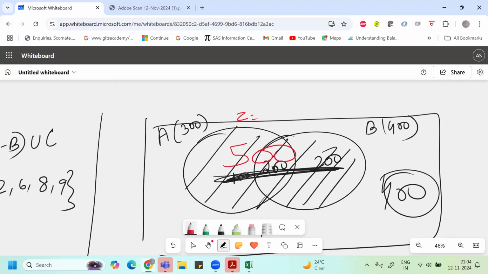Z is n of A union B plus n of complement of A intersection complement of B. Z is the universal set. That is 500 plus 400, that is 900. When you solve a probability question, in the same way, the total would be 1. Everything you will talk about in terms of 1.